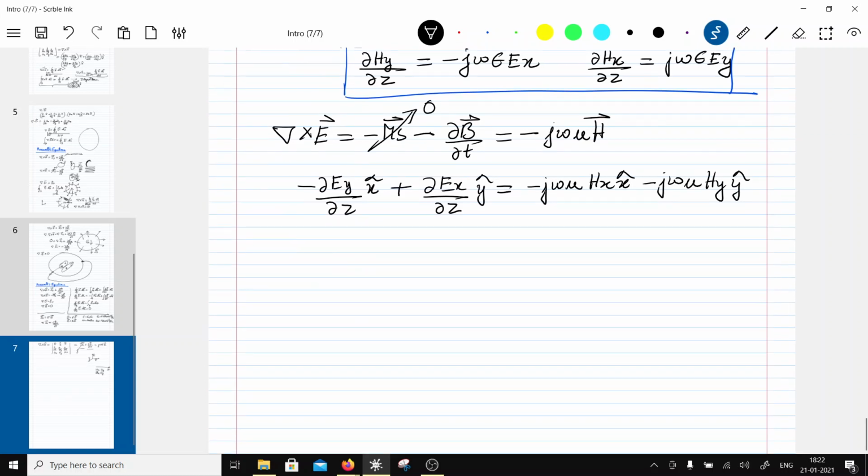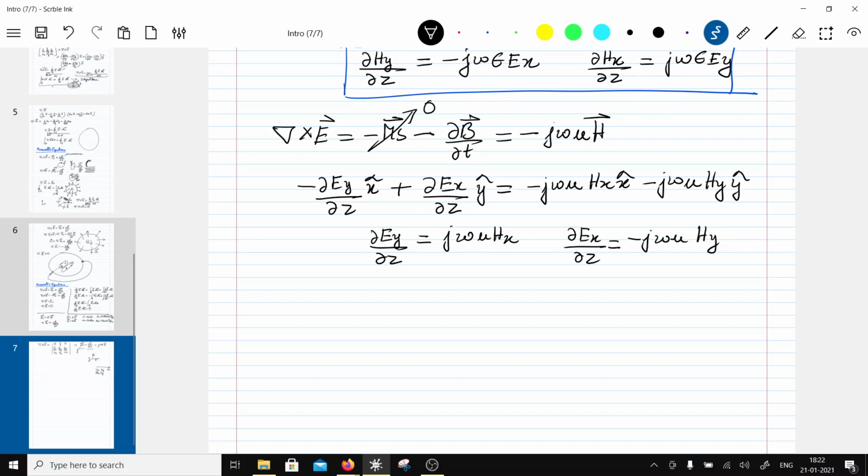Again collecting the terms, I would have ∂Ey/∂z equal to jωμHx, and the other term ∂Ex/∂z equal to minus jωμHy.